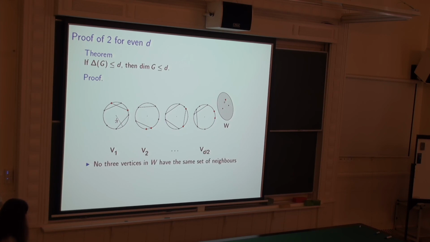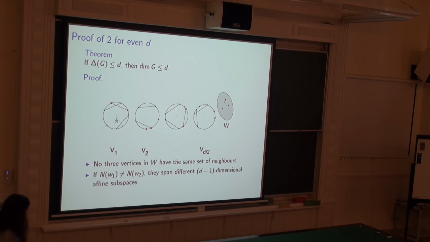But this cannot happen, because any point from this last part was originally from this part. So if there were 3 with the same set of neighbors, then they also have the same set of neighbors here, but here the maximum degree was at most 2. And another problem could be if the sets of neighbors of 2 different points from this last part would span the same affine subspace.